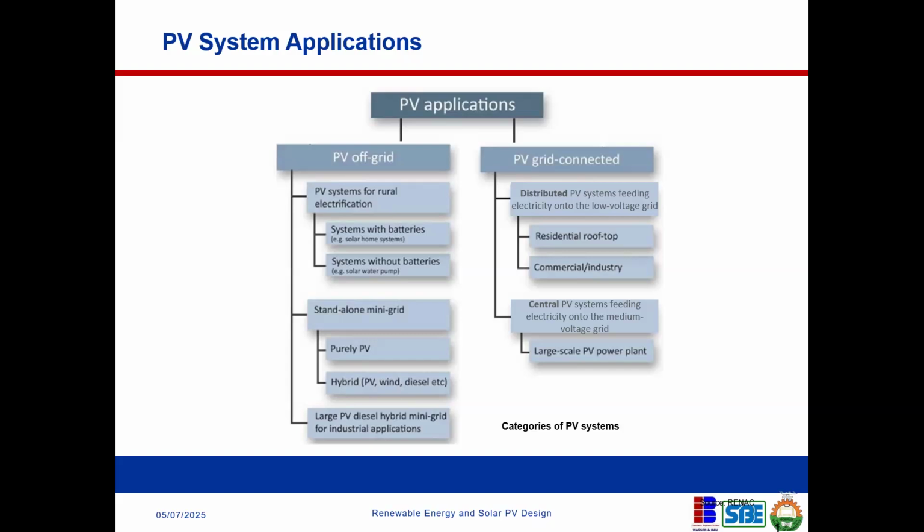A typical example is what we have in Nigeria. I think we have some examples of this large scale PV system connected to the grid. I know very well of the one in Kano because I was largely involved. We have a 10 megawatt solar power plant somewhere around Kumbotso, an industrial cluster in Kano.